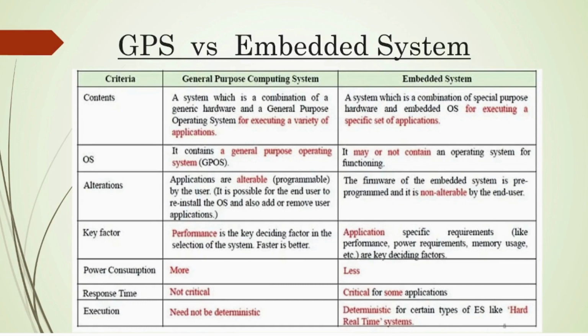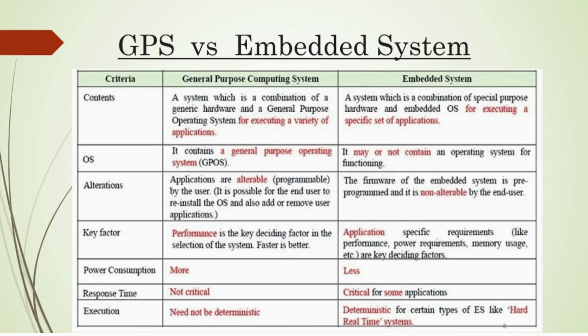Now here we are going to see the difference between GPS, which is a general purpose computer system, and ES, the embedded system. The general purpose system is a combination of generic hardware and a general purpose operating system for executing various applications, whereas an embedded system only executes a specific set of applications, and its specified purpose is in hardware only. The OS in GPS is a general purpose operating system, GPOS, whereas an embedded system may or may not contain an operating system for functioning.